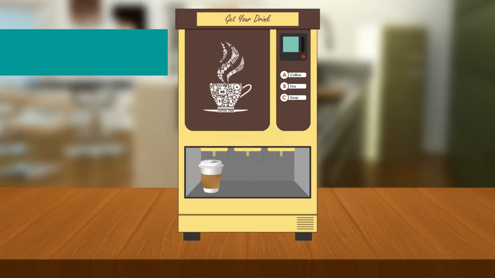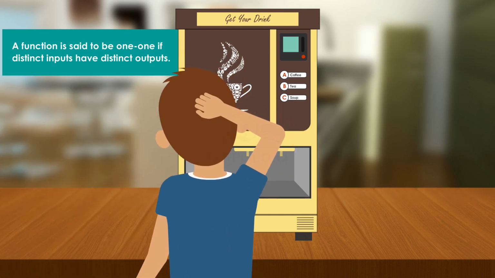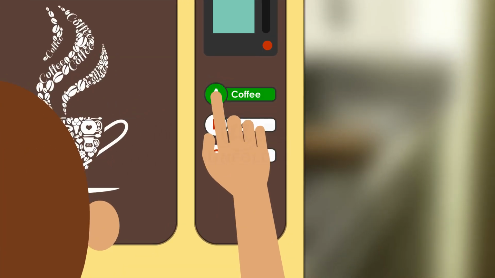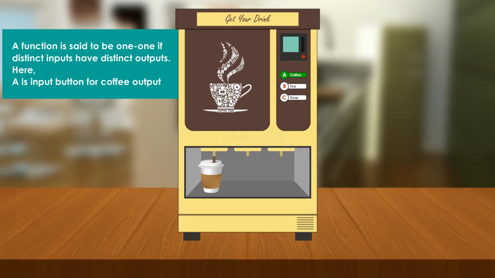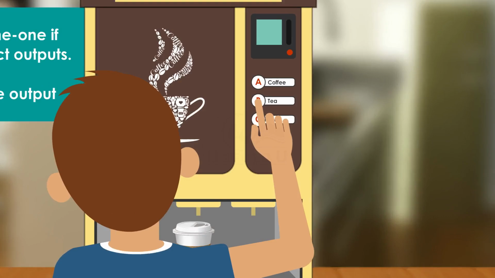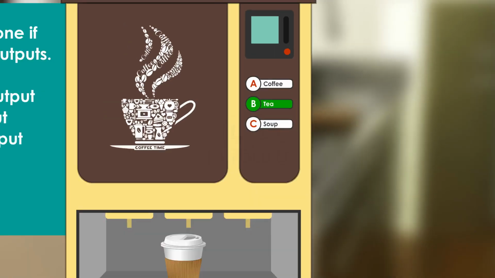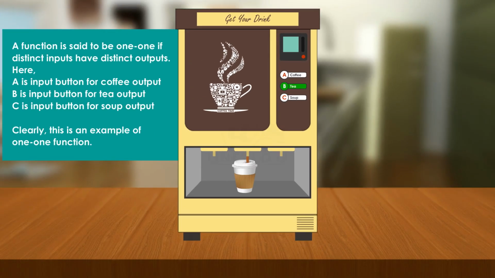Now, suppose a boy wants to drink coffee, so he presses the letter A as input to get coffee as the output. When he presses letter B as input, he will always get tea only as the output. So, we can see that there is a unique output for a unique input.